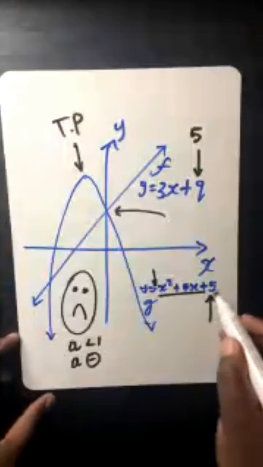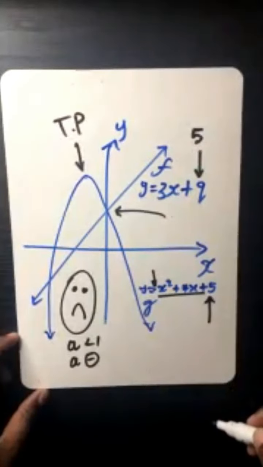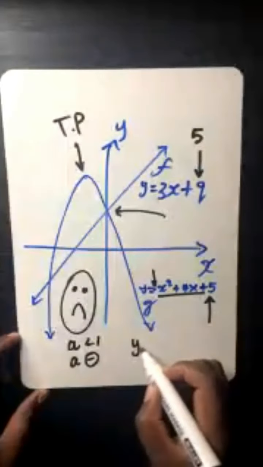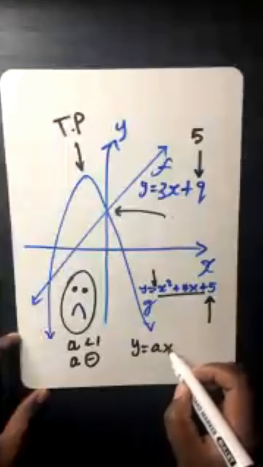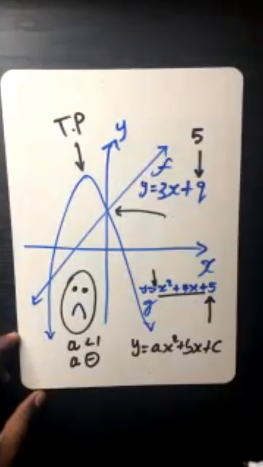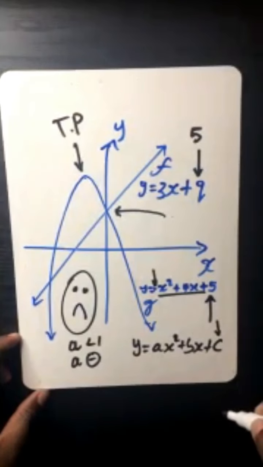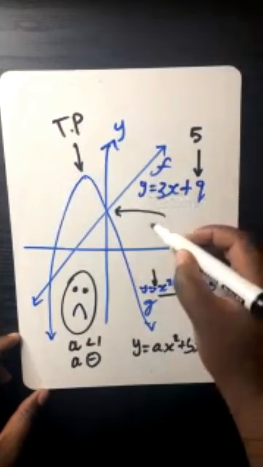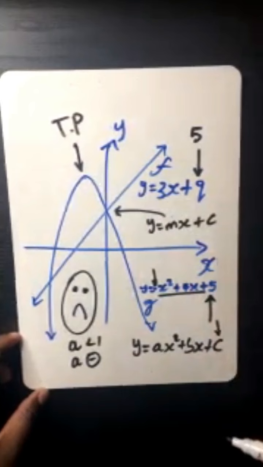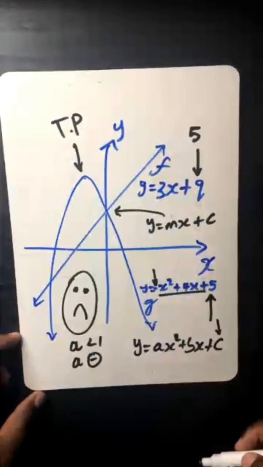So that's why you need to know the standard form of each and every type of function. The general formula for this one I said is ax squared plus bx plus c. This is a quadratic function, guys. So that c value is that same c value from the straight line, y equals mx plus c. So you can either use c or you can use q. It doesn't matter.